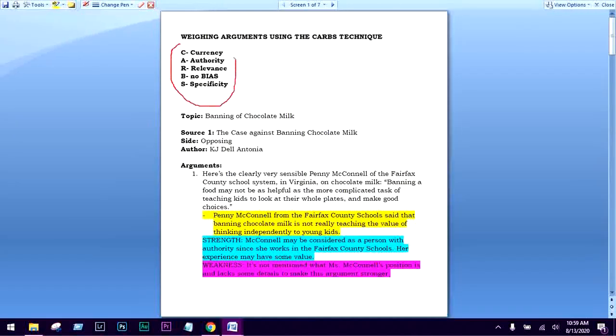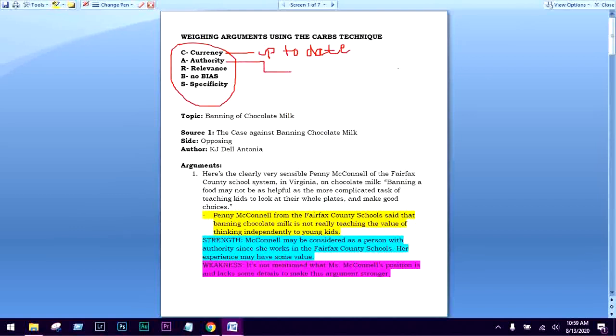CARBS stands for currency, authority, relevance, no bias, and specificity. Meaning, is the argument current, or is the evidence that they are using current? Is it up to date? It's kind of hard to write using the mouse, but yeah, up to date.